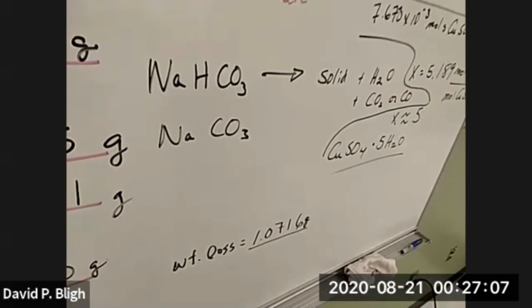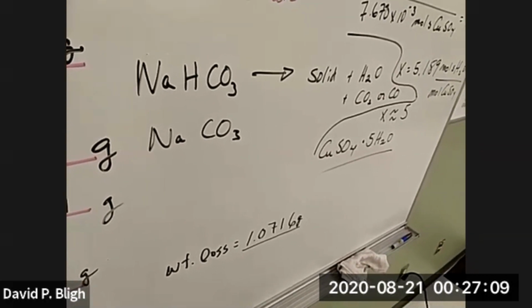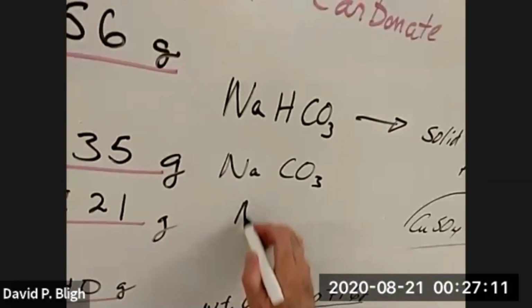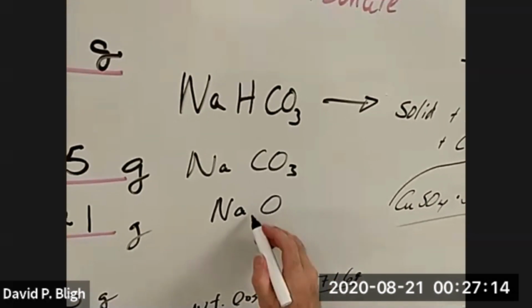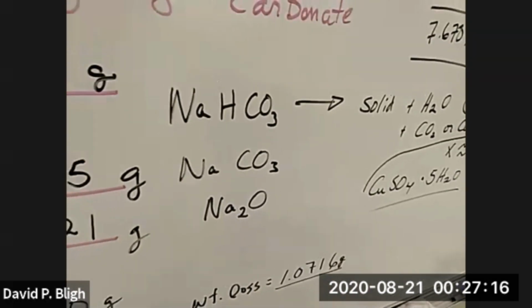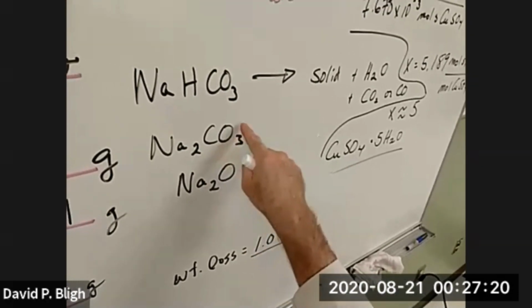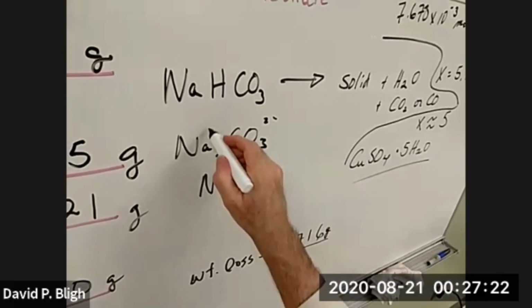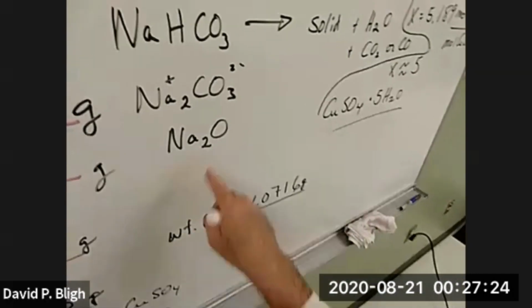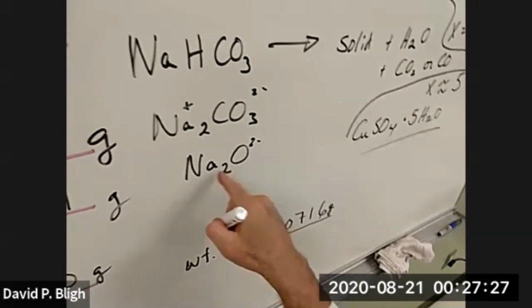Or it could be, let's see, what's another possibility? Sodium carbonate. Or it could be sodium oxide. Let's see, this would be 2, right? Polyatomic ion, 2- charge. It's 1+, it has to have 2 of those. Same over here, this is 2-, so we have to have 2 of these.